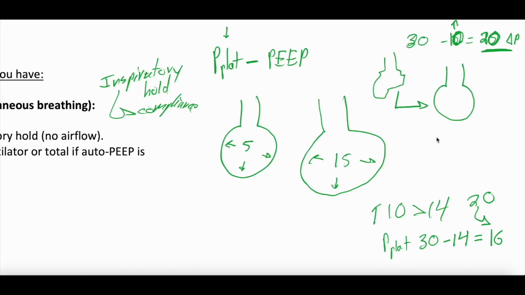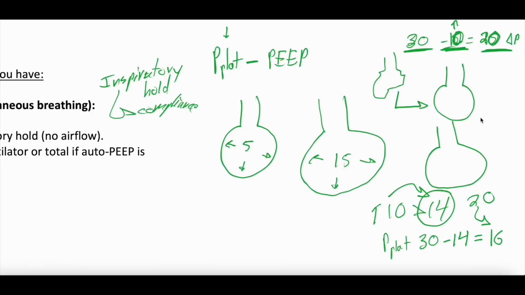But if we take the other scenario, right, we're going back to they're at a plateau pressure 30 and a PEEP of 10. And I think, oh, I think they're under-distended. So I increase that PEEP to 14, like I did. So the PEEP goes up, again, 10 to 14. But I was wrong. They were not under-distended. So now this alveolus is super over-distended at that PEEP of 14, and I check a plateau pressure.